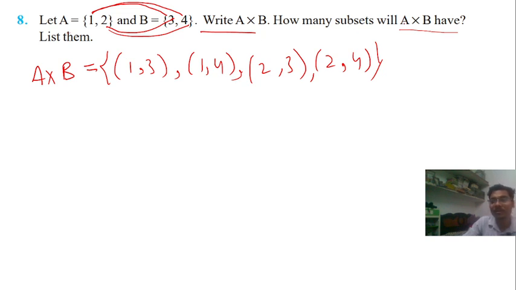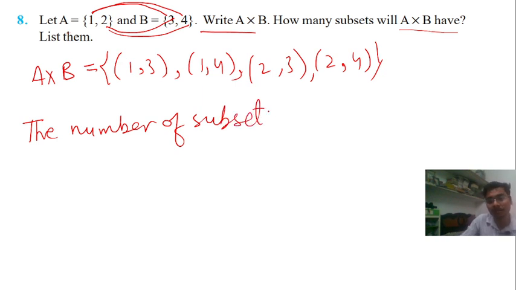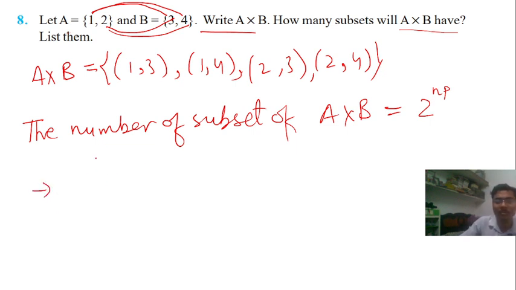Now how many subsets will A cross B have? If we write the formula, the number of subsets of A cross B will be 2 to the power n, so here 2 to the power 4 equals 16 subsets.